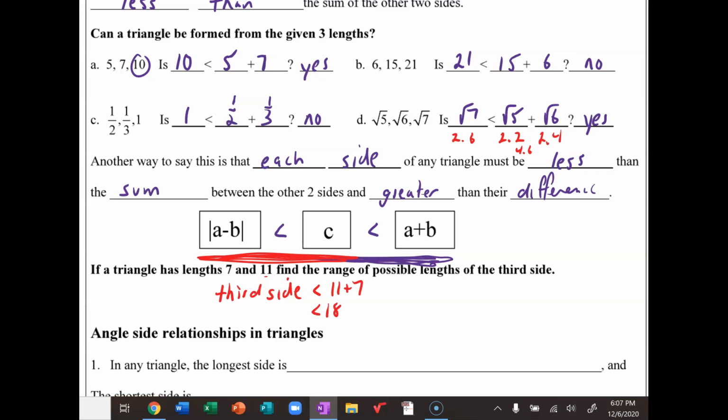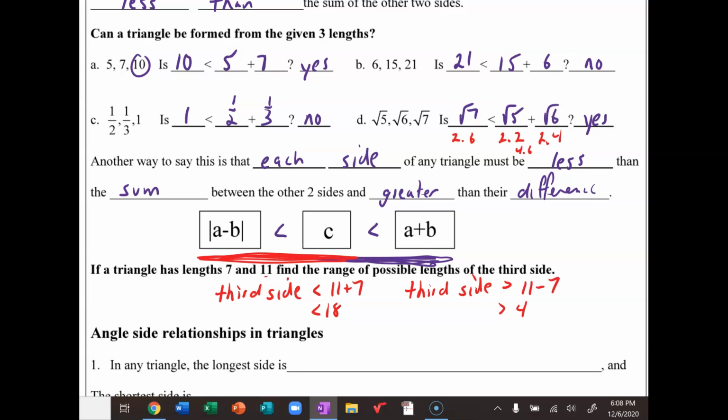Okay, the third side has to be less than 18, and also the third side must be greater than their difference, 11 minus 7, or greater than 4. Now we have a couple of possibilities. Let's say that the third side equaled 18. Then you'd have 7, 11, and 18, and 7 plus 11 is equal to 18.